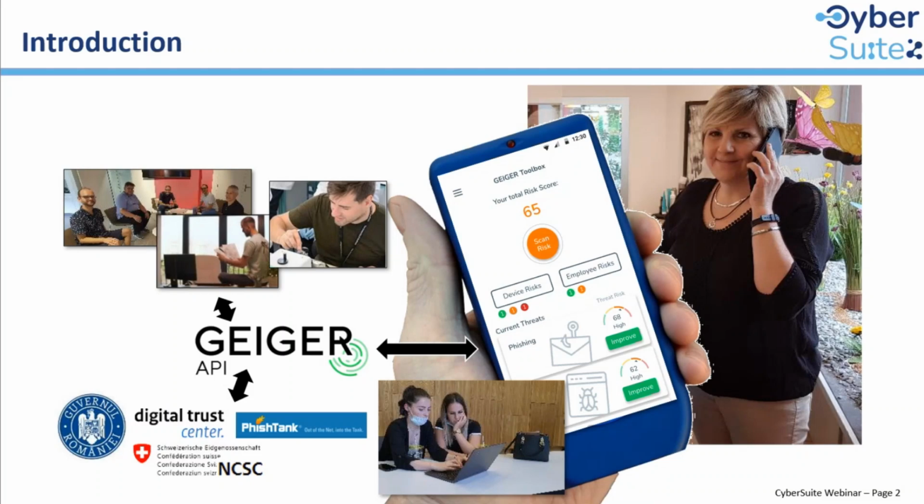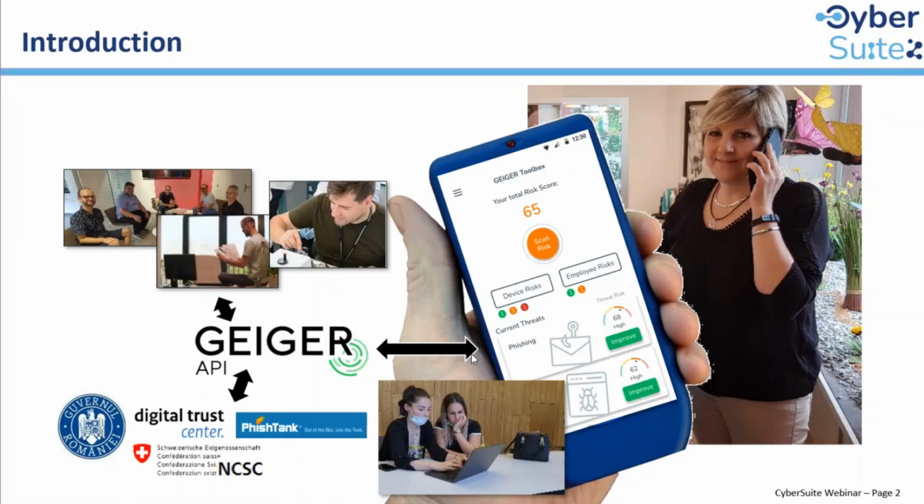In the background, GEIGER has APIs for connecting to other tools and information sources. Tools like, for example, those that are also presented today in this CyberSuite webinar, but also external information sources, which give hints regarding what is ongoing right now that is of relevance for an SME, and that an SME should be protected against.